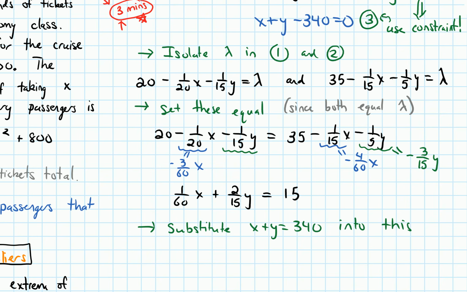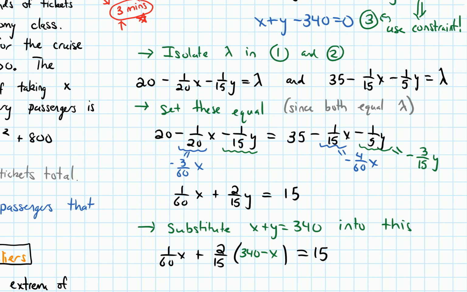All right, so if I do that, I'll get 1/60th x plus 2/15 times y. And if I isolate y, y is equal to 340 minus x. I could technically have isolated either variable. Both of them seem easy to do and plug in. I just decided to isolate y. And then this equals 15.